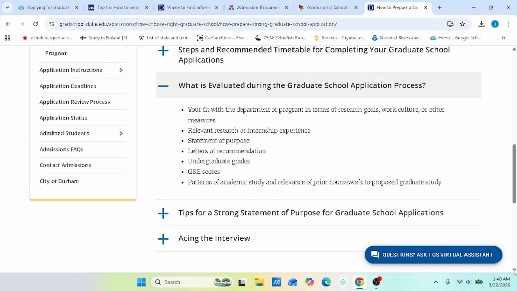And lastly, patterns of academic study and relevance of prior coursework to proposed graduate study.